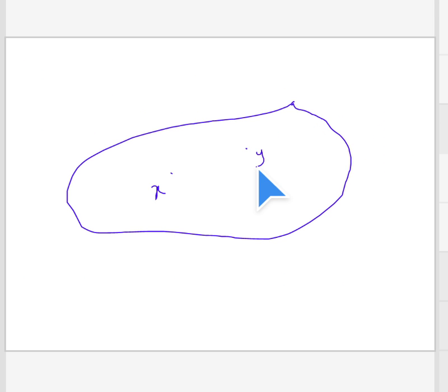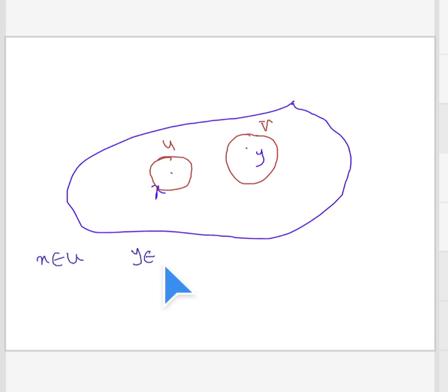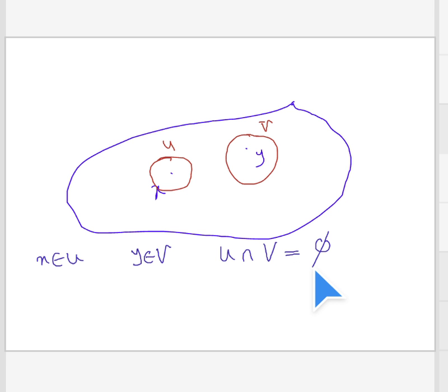Okay, this is U, this is V. You see that x belongs to U, y belongs to V, U intersection V is empty.